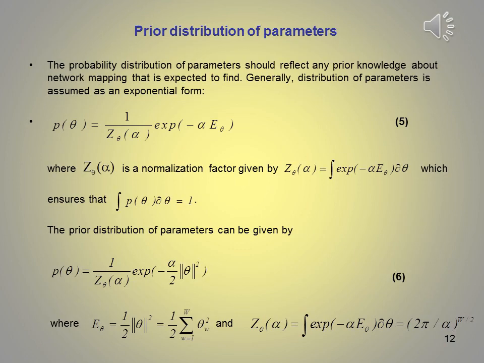The probability distribution of parameters should reflect any prior knowledge about the network mapping that is expected to be found. Generally, the distribution of parameters is assumed to be of exponential form, as given in equation 5.